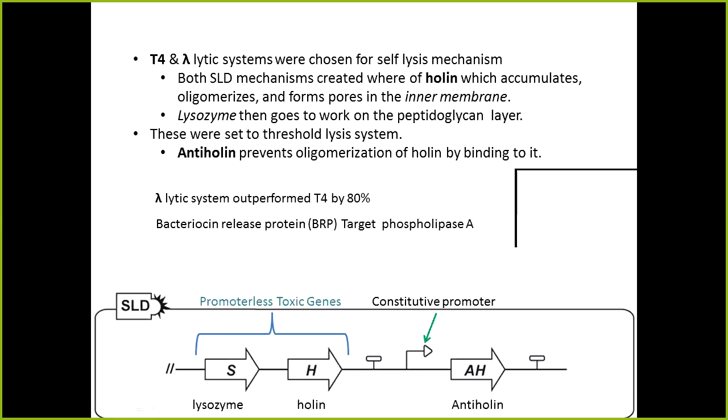What they had with the antiholin and the constitutive promoter, from my understanding, there was residual expression of the lysozyme and holin, which even very little would be very toxic to the cells. So it seems like they were getting these expressed without any promoter, right? There's some expression taking place from their construct, and this was sufficient to cause lysis, so they had to have that somehow quenched.